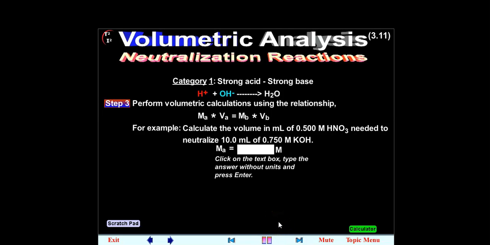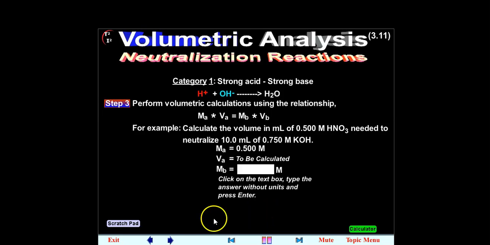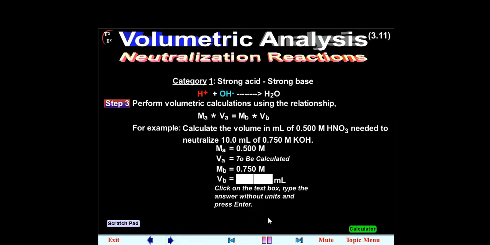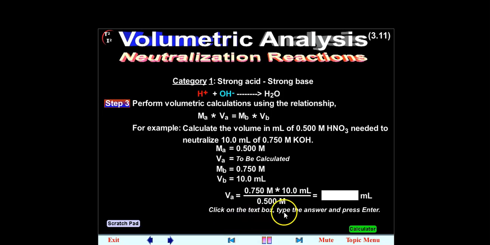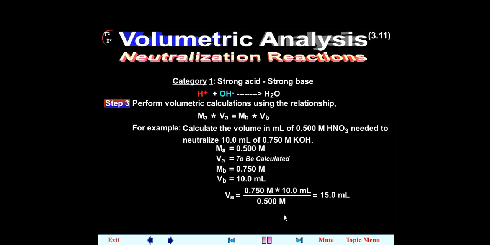Ma equals 0.500 molar. Va is to be calculated. Mb equals... Vb equals... equals 15.0 milliliters.